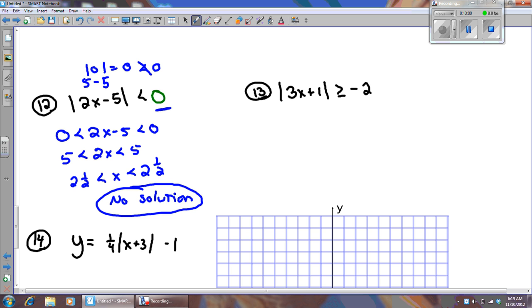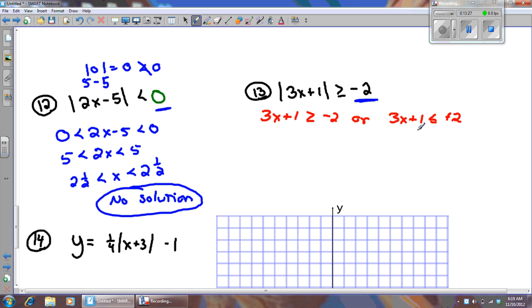All right, on this one here, I need my distance to be greater than -2. Aren't all distances positive? Sure they are. I'm going to get all real numbers on this one, but I'll prove it to you. I'll go 3x plus 1 is greater than or equal to -2, or 3x plus 1 less than or equal to +2, excuse me.